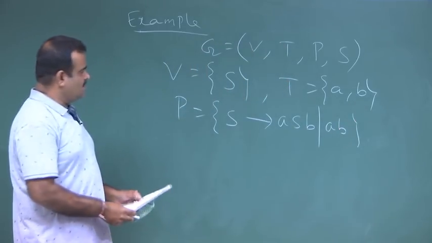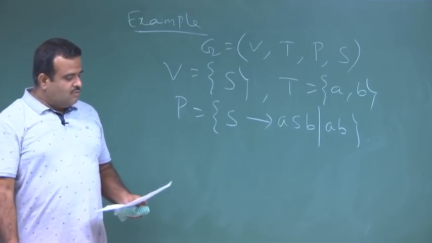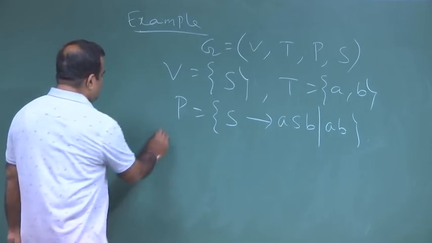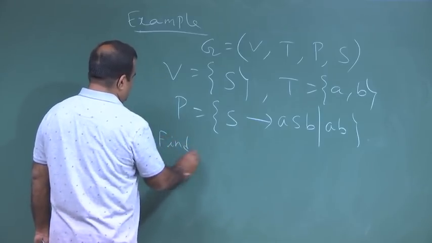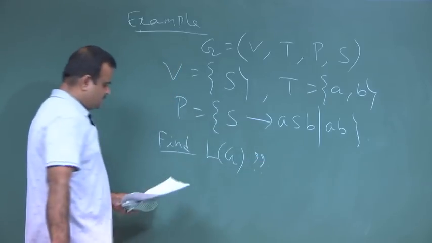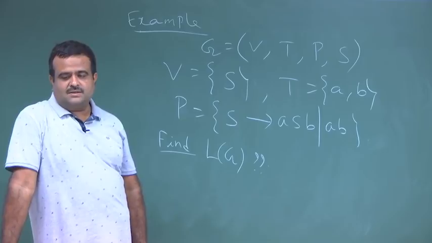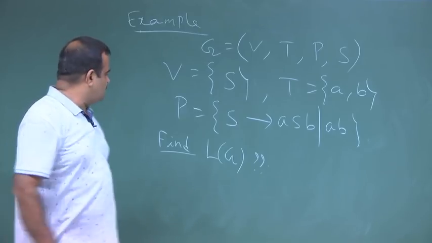This is a context free grammar. Now we have to find the language generated by this grammar, find L of G. So, what is the definition of L of G?